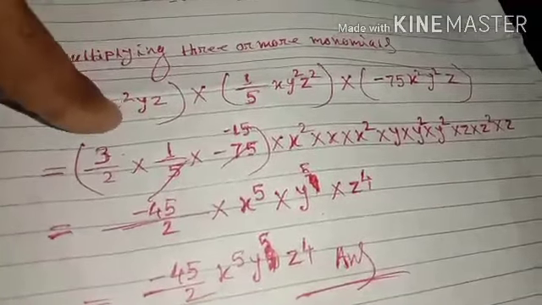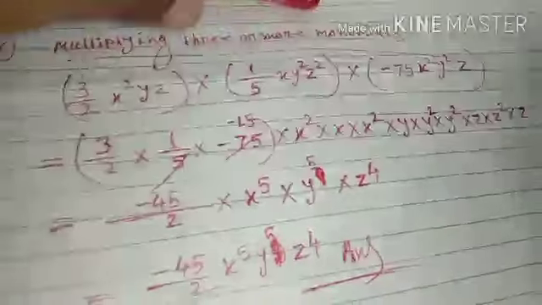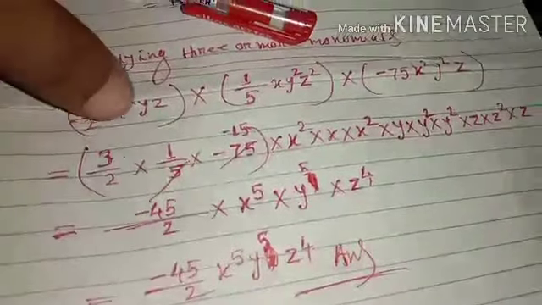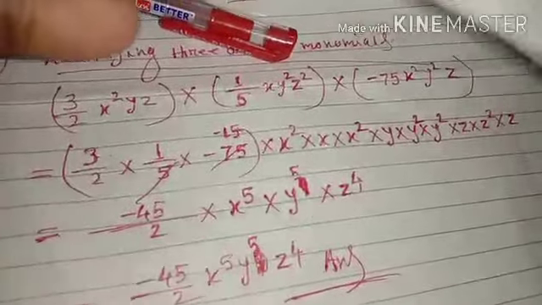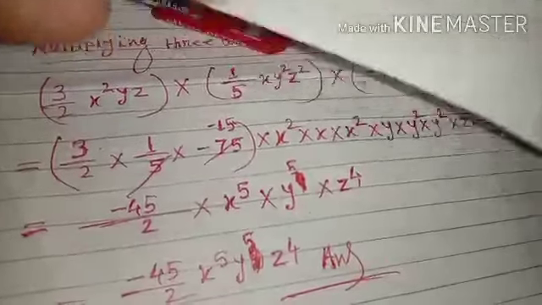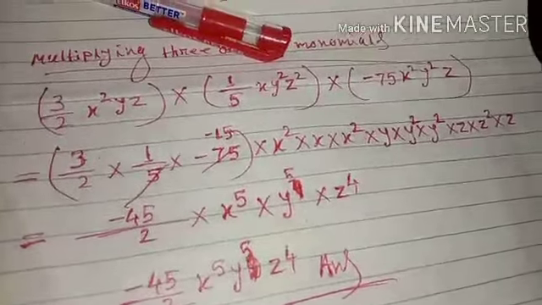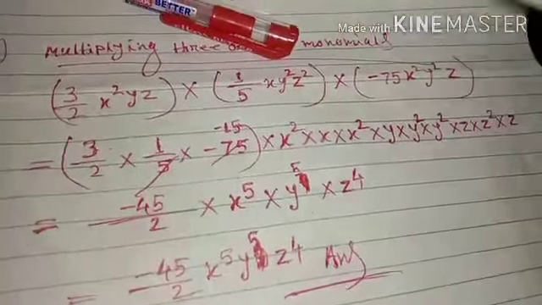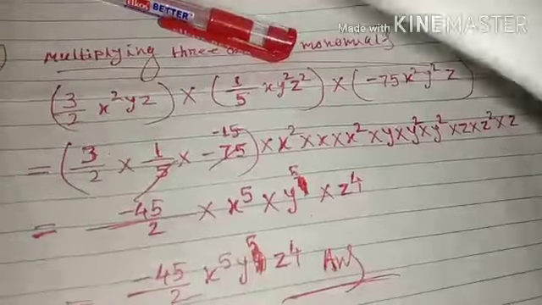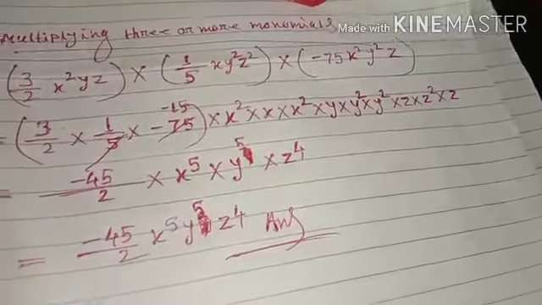After that, here x², here x², so it will be x to the power 5. When you are familiar, after this exercise, you can directly write the answer. But this is your first class, that's why you write in this way. Clear? Then you will understand.